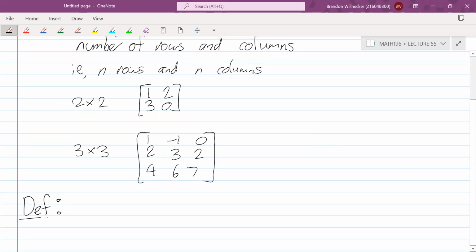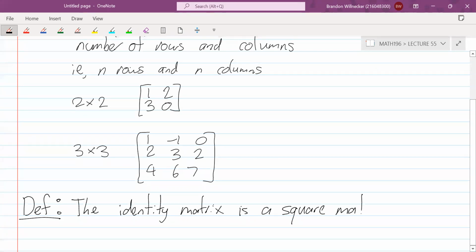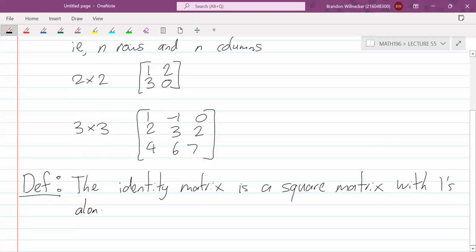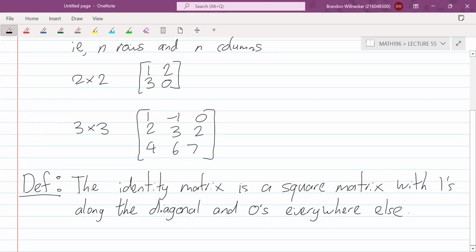Definition: the identity matrix is a square matrix with ones along the diagonal and zeros everywhere else. So that is an identity matrix.